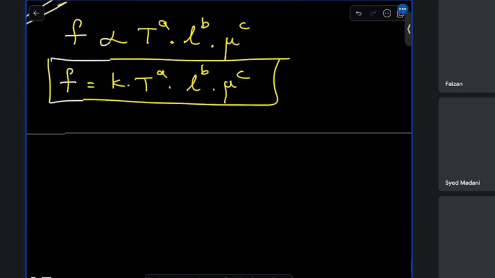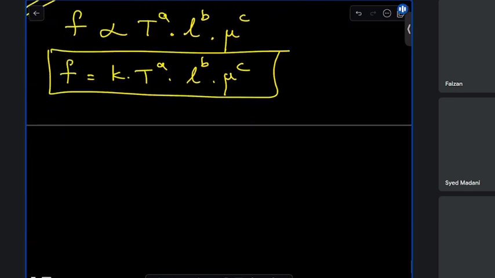Now start writing the dimensions for the left hand side as well as the right hand side. Left hand side says frequency. Frequency is hertz. Even if you don't know hertz, there's a formula for frequency which says F is equal to 1 by T. Time is in seconds, so 1 by second, which means the unit is per second.